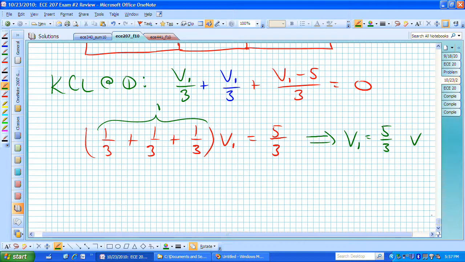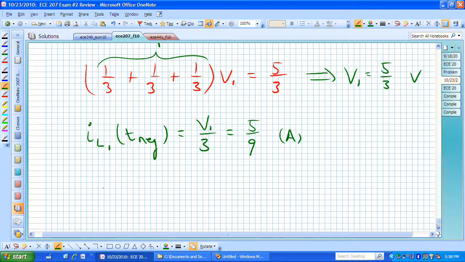If we need to know now what these different currents are, we have I sub L sub 1 at, let's say, t negative. That was just V1 over 3, which is now 5/9 for the current I sub L sub 1.